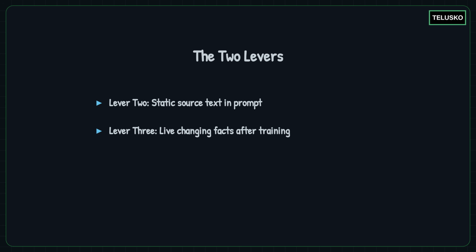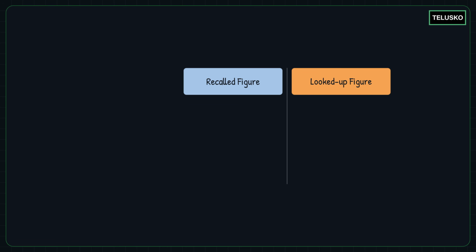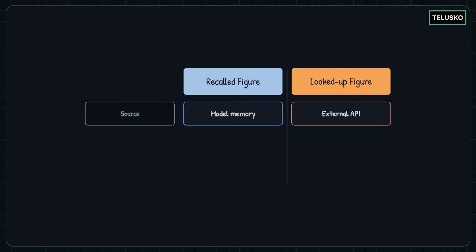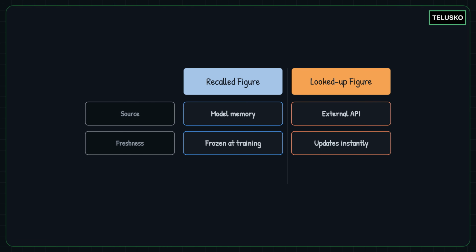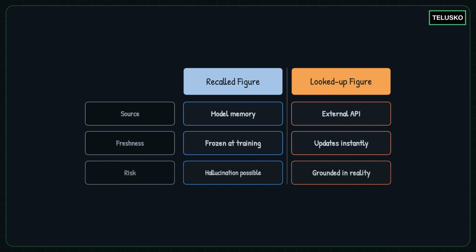The model has no live window to the outside world. See, a recalled figure is frozen at training time, while a looked up figure stays current. If the model tries to guess a live number from memory, it will invent a plausible but wrong value. That is exactly why we let it call a tool instead of relying on its own recall.